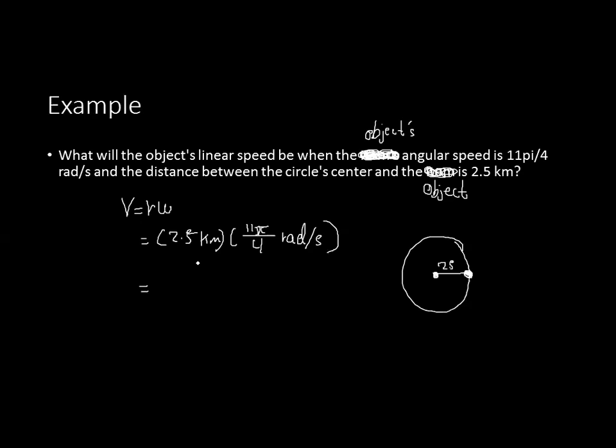So this is 21.60 approximately. 21.60 kilometers per second. So that is your answer. So that means in 1 second, the object reaches 21.6 or 21.60 kilometers.